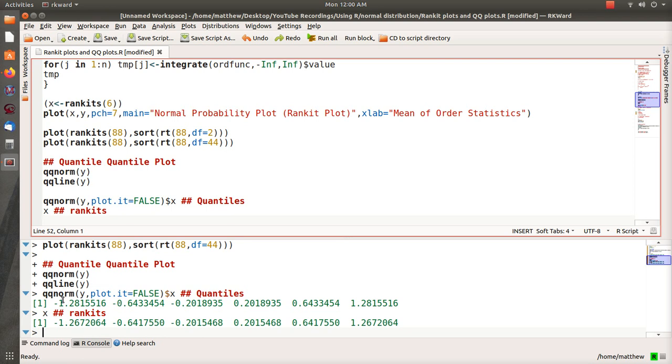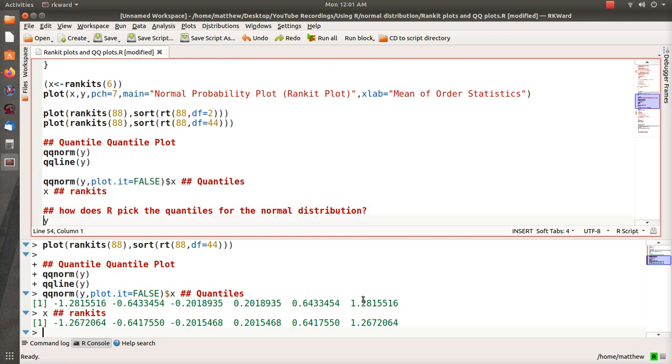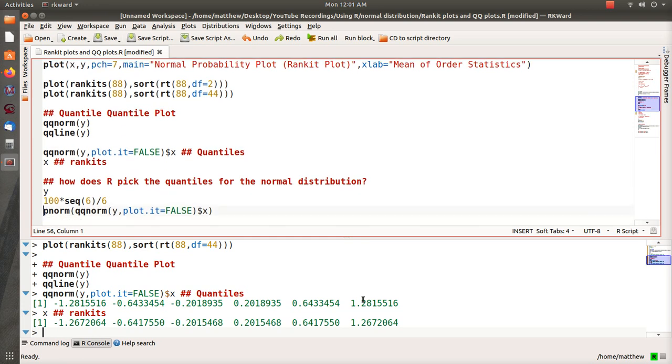And then these quantiles up here are something which I'll talk about in a second. But notice that they're close. Very close in this case. 1.28, 1.26, those are all very close. And actually pretty much every normality plot that is calculated are all going to be very close cousins to each other. So the question is, how does R pick the quantiles for the normal distribution?